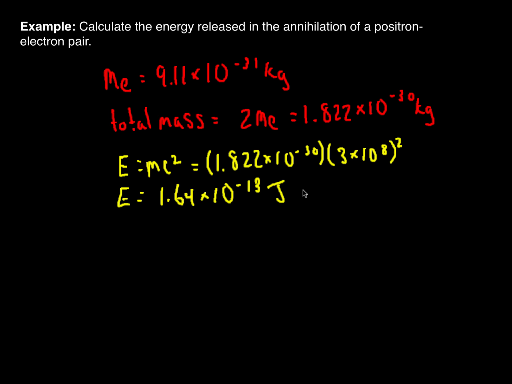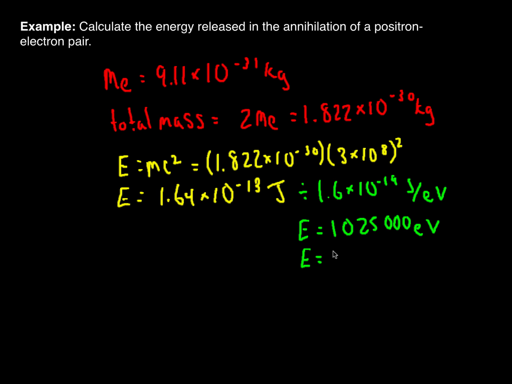We can convert this into electron volts by dividing by 1.6 times 10 to the negative 19 joules per electron volt. This gives an energy in electron volts equal to 1,025,000 electron volts. This is an energy equal to 1.025 mega electron volts. So, when a positron and electron annihilate each other, 1.025 mega electron volts of energy is released.